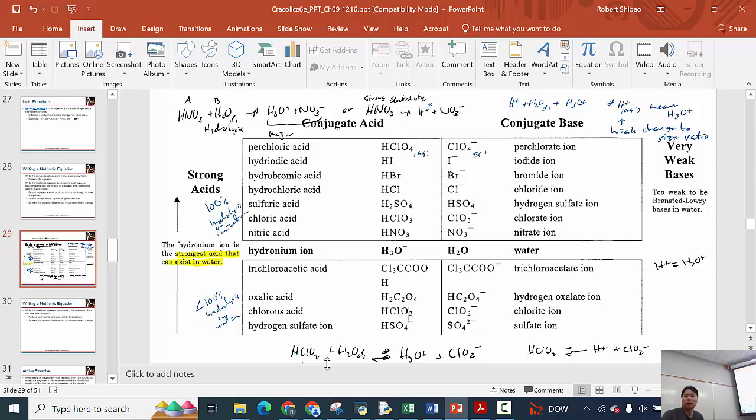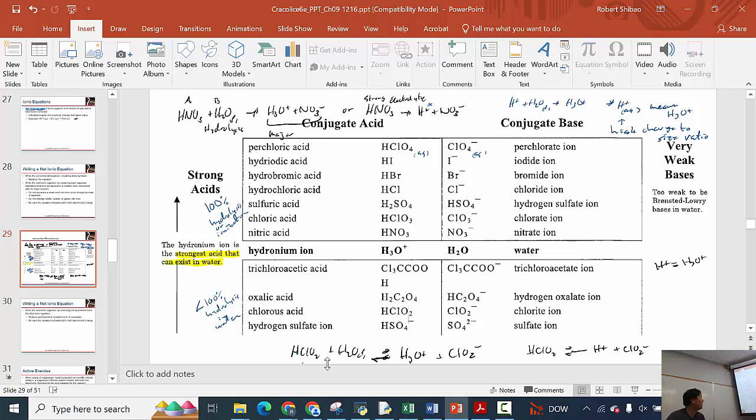So strong acids, they have all major, maybe like one kind of what's it called? There are major and minor ions in a solution. Is that what you're saying?